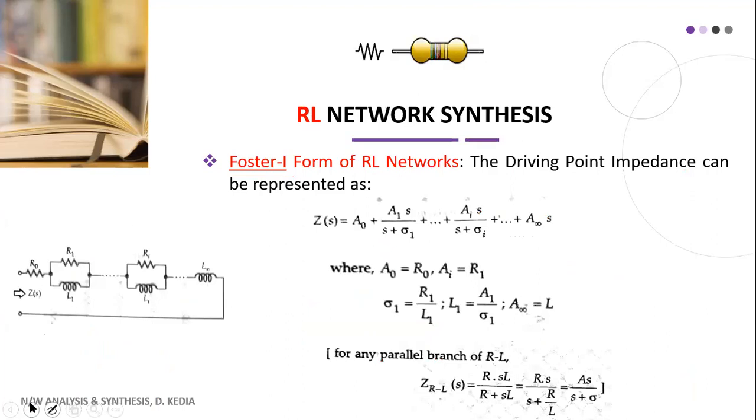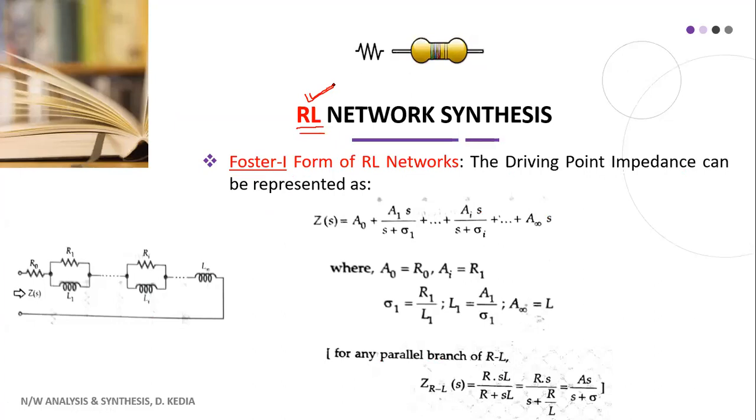Before taking an example, let me first complete this Foster form of representations. Okay, so what we have done in the previous slides, we have talked about Foster representations 1 and 2 for RC, and now we will discuss the Foster representations of RL.